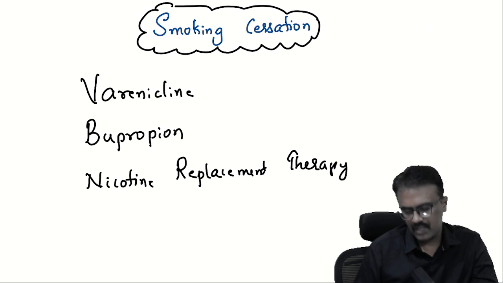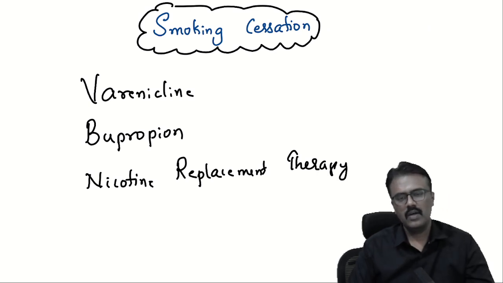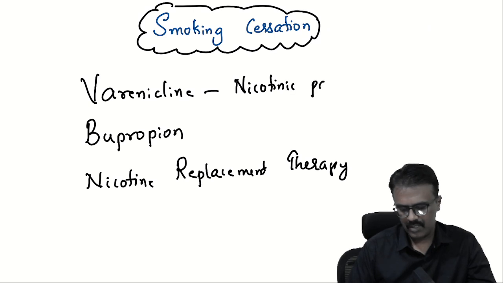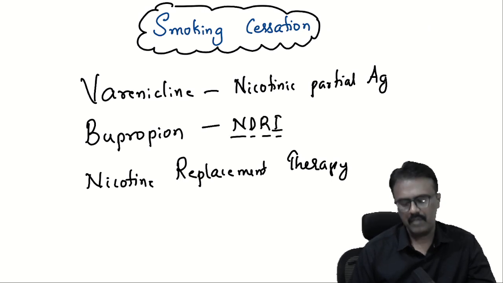So for smoking cessation, we have three modalities. Varenicline is a nicotinic partial agonist. Bupropion is an NDRI, noradrenaline dopamine reuptake inhibitor.